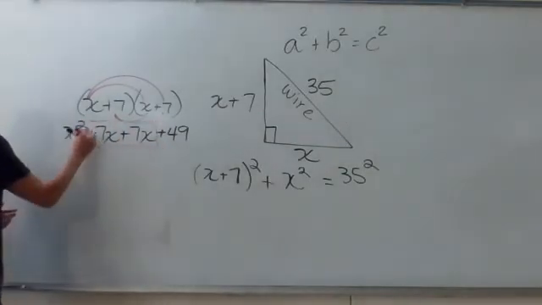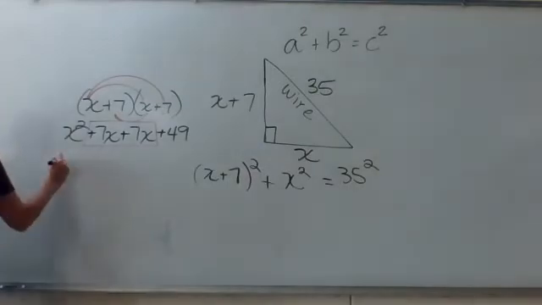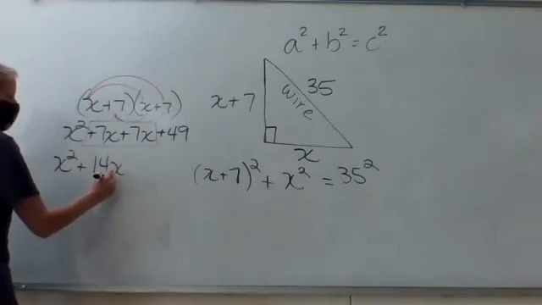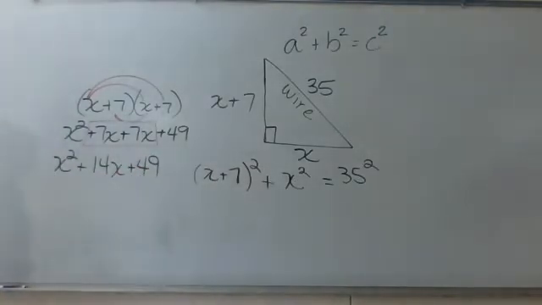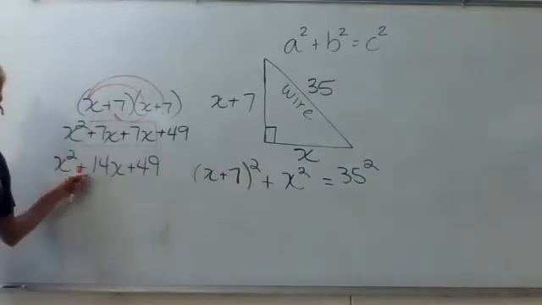Then if I put these two terms, since they're like terms in the middle, I'll have 14x in here. So now I've got x squared plus 7 and 7 gives me 14x plus 49. That's what I'm going to write when I got x plus 7 squared. This is what it gave me.